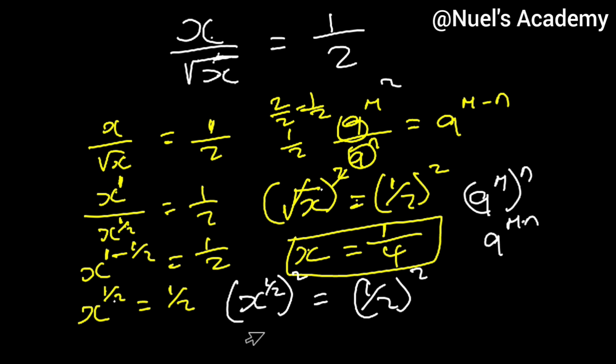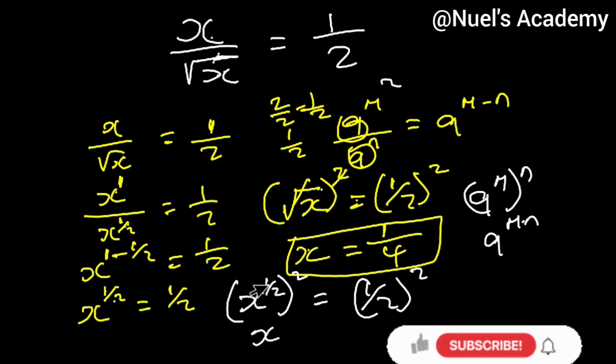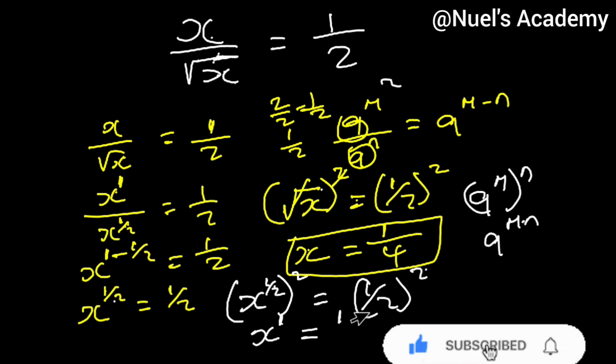In that case, we write this as x exponential 2 times half, which is the same thing as 1, so x, equal to 1 raised to the power 2 is 1, then 2 raised to the power 2 is 4, which is the same thing as what we got earlier.